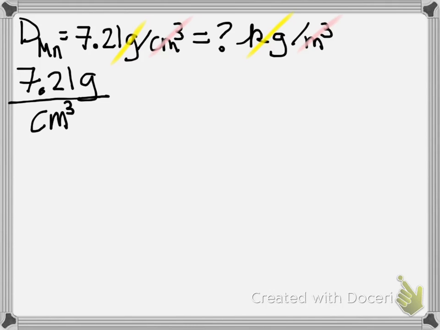And again, I have 2 things to do. I need to change grams to kilograms and cubic centimeters to cubic meters. It does not matter which one you do first. So I'm going to do the grams to kilograms first. Because grams is in the numerator, grams has to go in the denominator, and I'm going to change it to kilograms.